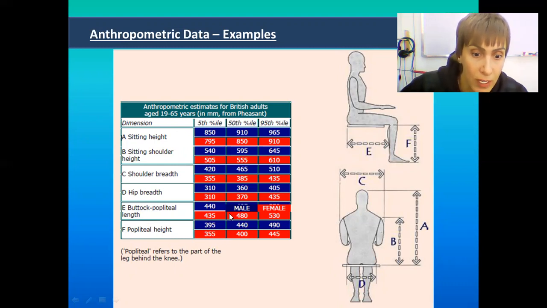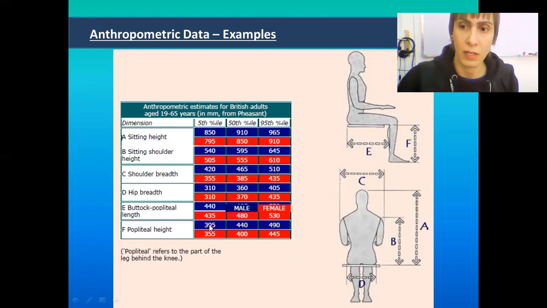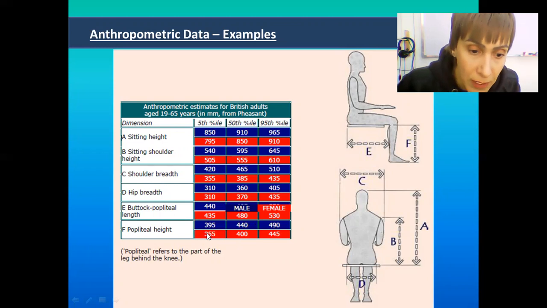Now we see here several measurements. We see here what? 5th percentile, 50th, and 95th. And then we see, let me see, this is for the male and this is for the female. So the measurements for the man are here, okay, the blue, and the female is here.